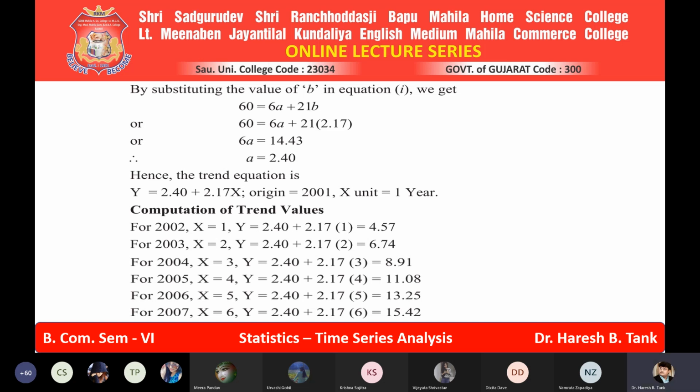What should be the next? For 2003, your value of x is 2. So substitute the value of x as 2 in this trend equation. So y is equal to 2.40 plus 2.17 multiplied by 2. 2.17 multiplied by 2 becomes 4.34 plus 2.40, and that total comes to 6.74.